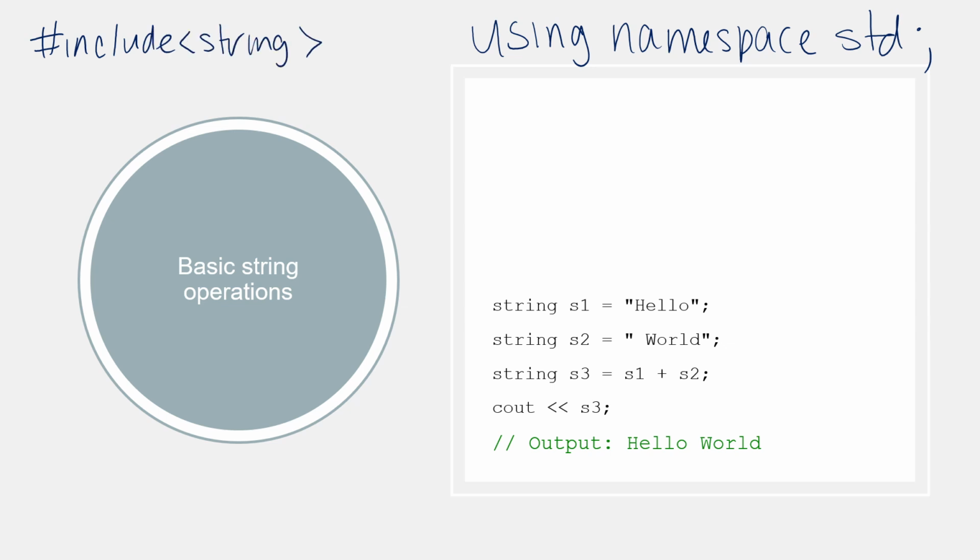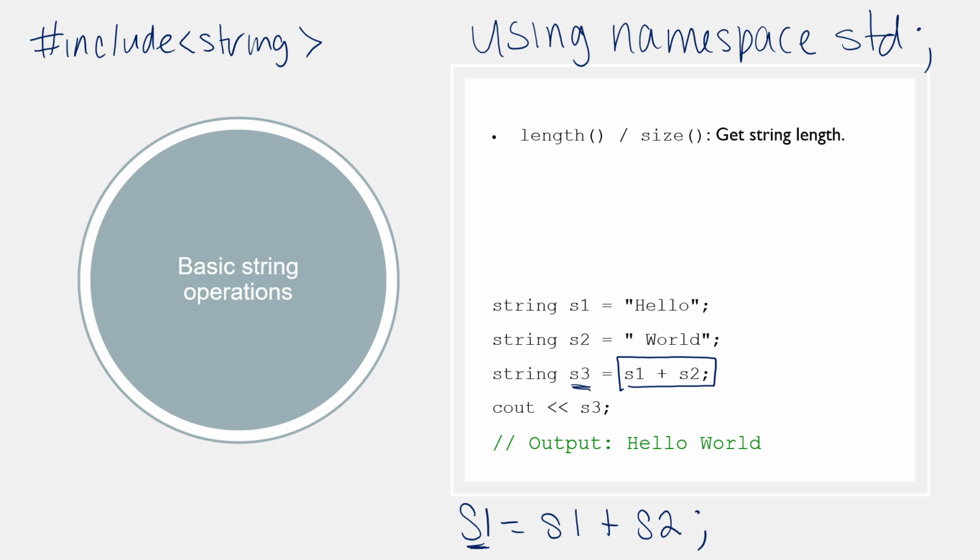So to declare a string, you just put the data type string and the name of the string. The nice thing you can do here in C++ is you can just add two strings together. You could add onto your string, like I could say S1 = S1 + S2. That would also create hello world. The only difference is that S1 would now hold hello world instead of a new variable called S3.